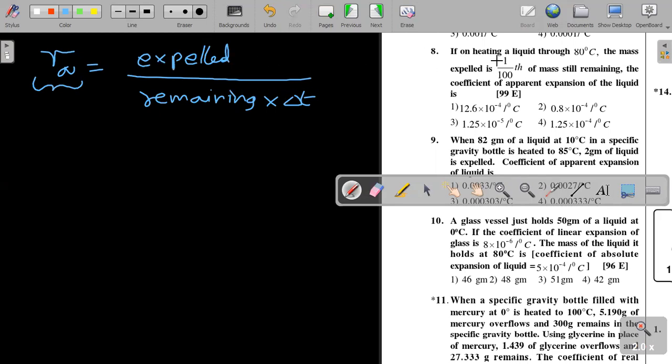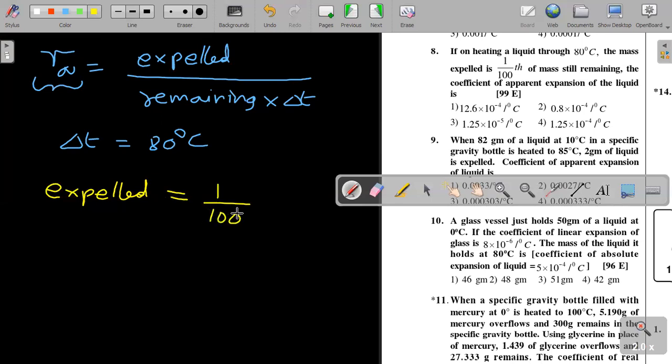Here, if you observe, on heating the liquid through 80 degrees, that means they mention very clearly that delta T is 80 degrees centigrade. Now what they are asking: they told mass of expelled liquid is 1 by 100th of remaining.